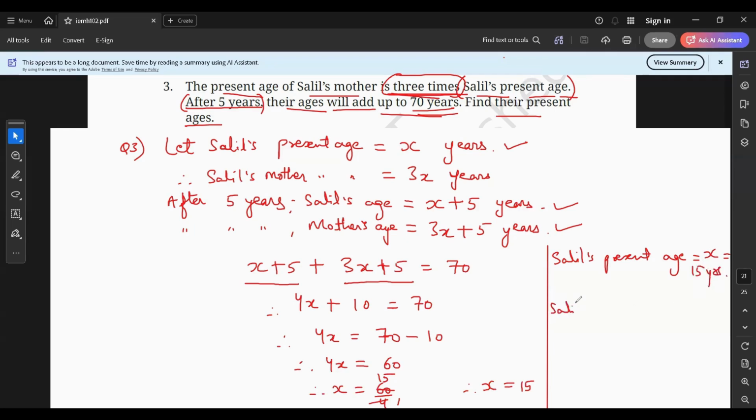Similarly, Salil's mother's present age. Mother's age is 3x. Present age is 3x. It means 3 multiplied by x, which is 15. 15 threes are 45. So her mother is 45 years.